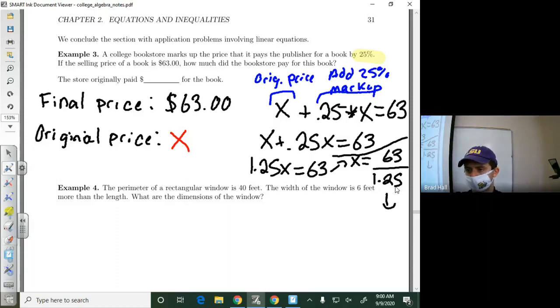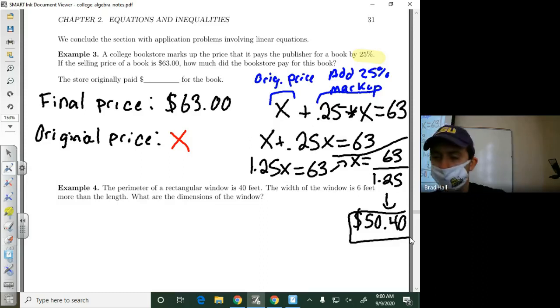So then we have 63 divided by 1.25. $50.40. That was the original price.